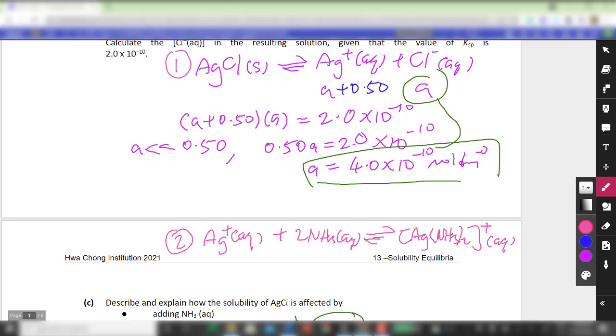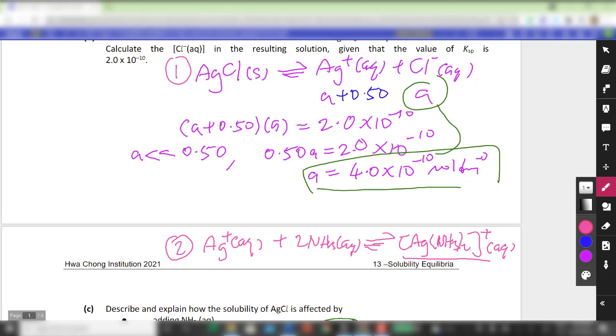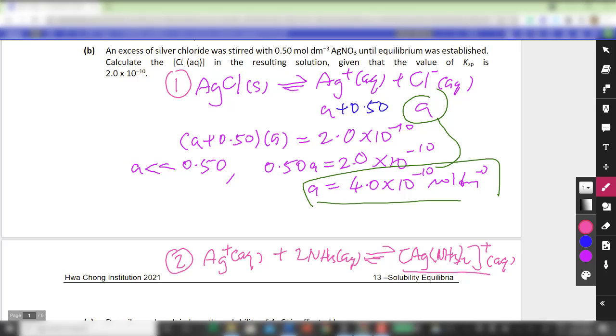So when you add ammonia, equilibrium 2 will operate. It will lead to the formation of the diammine silver plus complex. This is similar to removing silver plus from equilibrium 1.